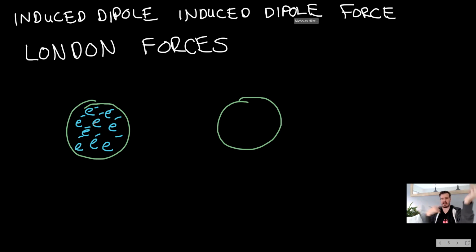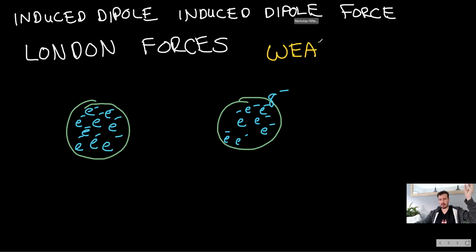Because these electrons are randomly moving around, if I was to take a photo at one point, I might notice that there is a slight polarity to this molecule, where the electrons at some point are a little bit on the one side. So you have this, it induces its own dipole in a way, but it's very weak, right? So that's why they call them weak forces.